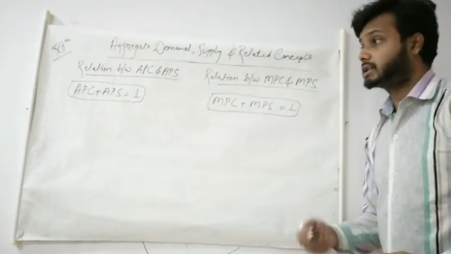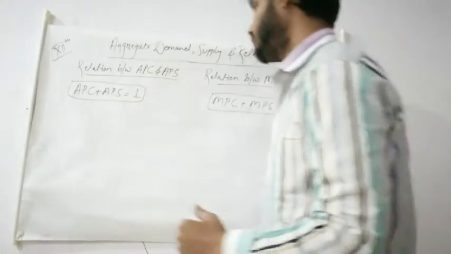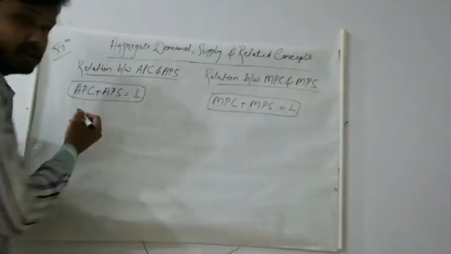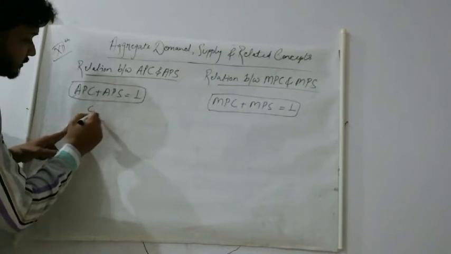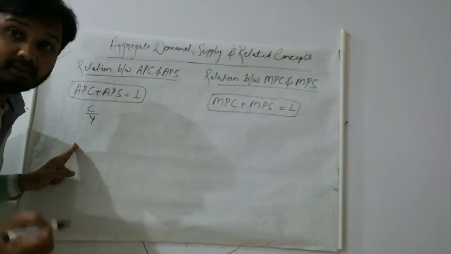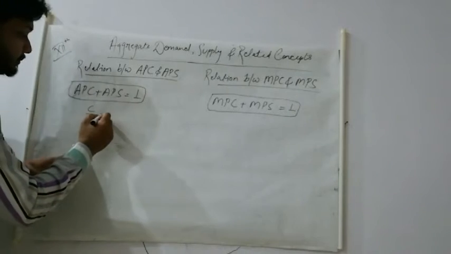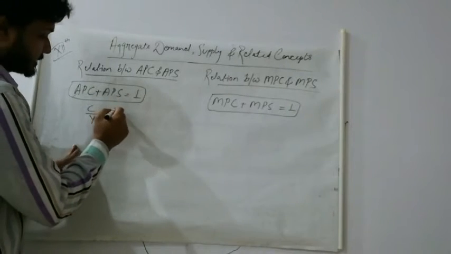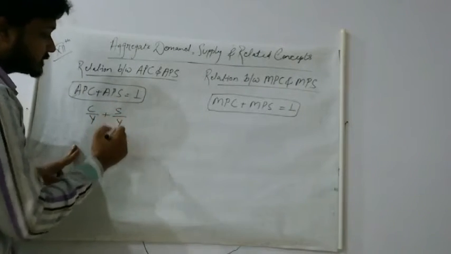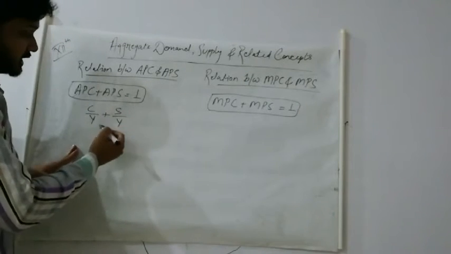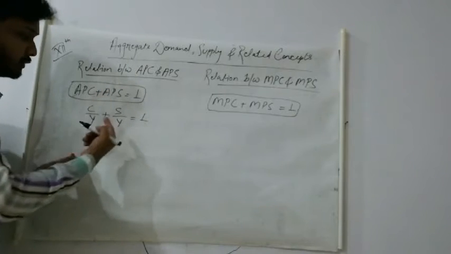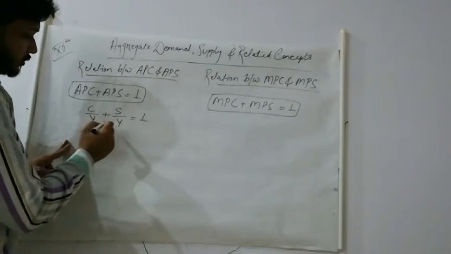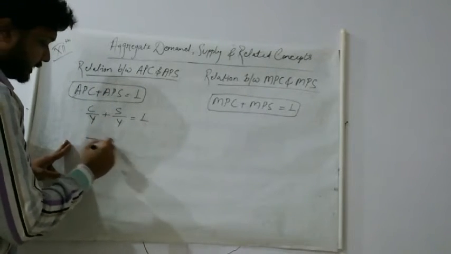Okay. See, students, how is it? We can derive it from here. APC is equal to, when you will see the formula, it is C by Y, that is consumption upon income, plus APS is savings upon income. Okay, this formula we have seen in the previous class, equals to 1 when we are trying to prove this. Okay, now Y and Y is common, same we will take.